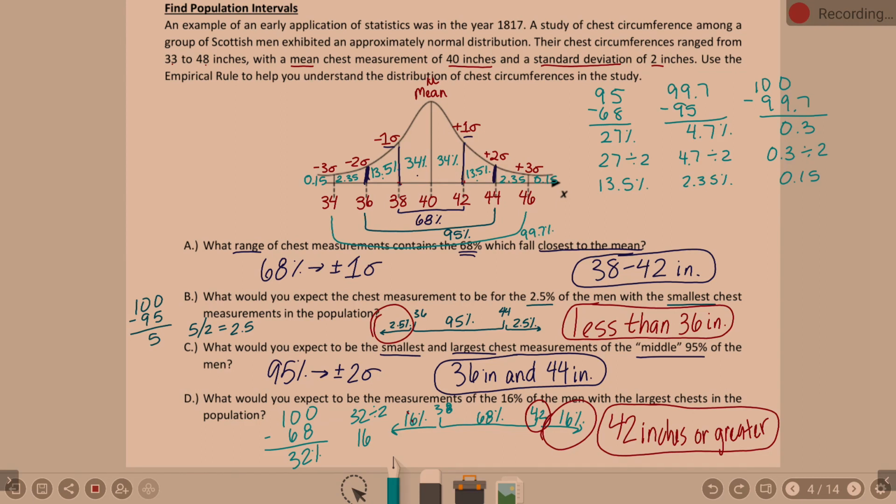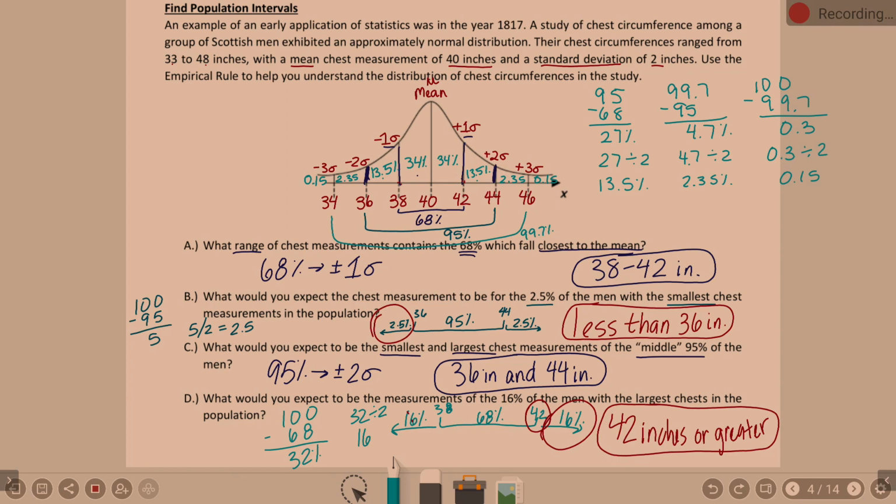Now, those percents I just wrote in light blue are true for every normal distribution curve ever. Every single time. Now, with that in mind, 2.35 and 0.15. Guess what?